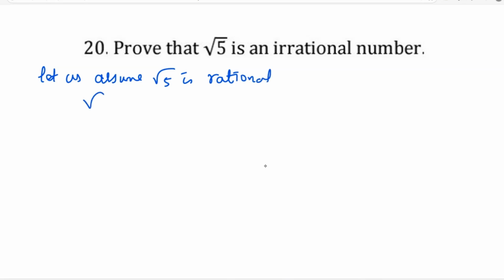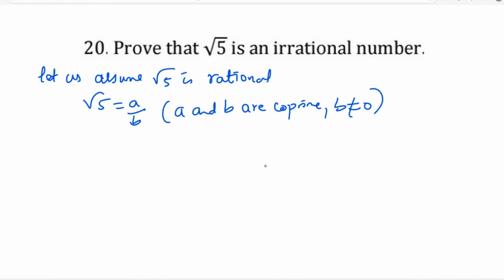Then root 5 equals a by b, where a and b are co-primes, and b should not be equal to 0. Then squaring both the sides, you get 5 equals a square by b square. So cross multiplication, it becomes 5 into b square equals a square.